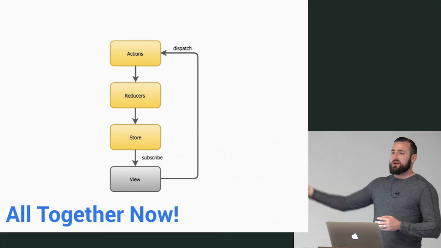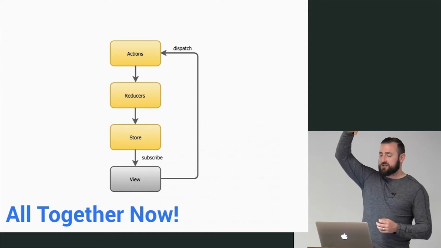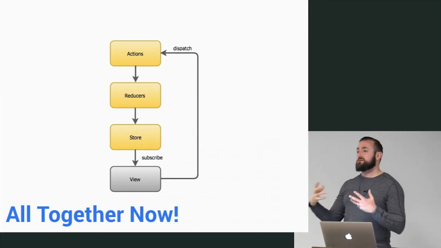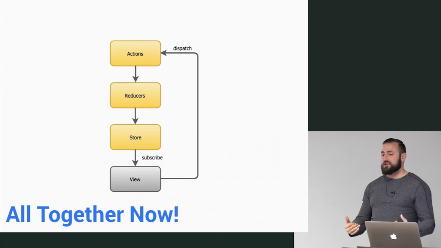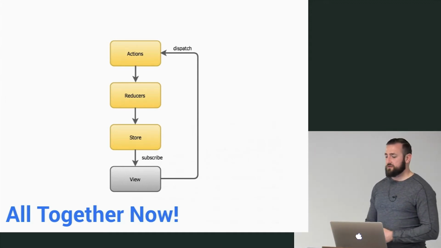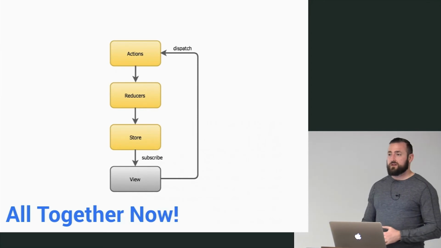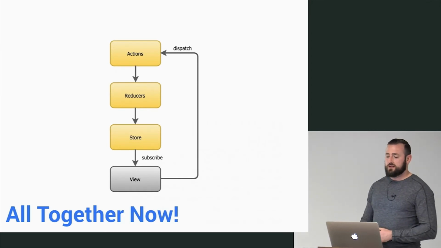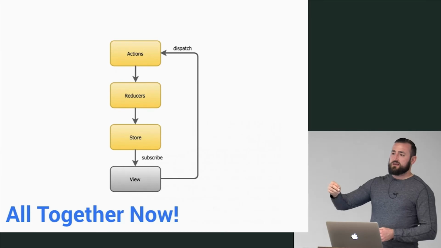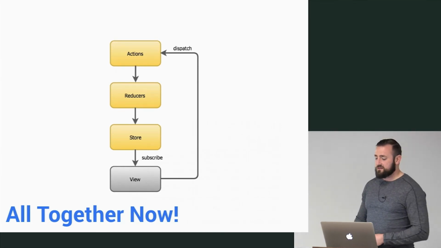When something happens, you dispatch an action, which then goes to a reducer for logic to be performed on it. New state is pushed into the store, and then it is pushed back to your view. So this is really, I believe, the Redux reactive workflow in a nutshell. An action happens, it gets reduced into some state that gets passed to your store, that gets passed into your view.